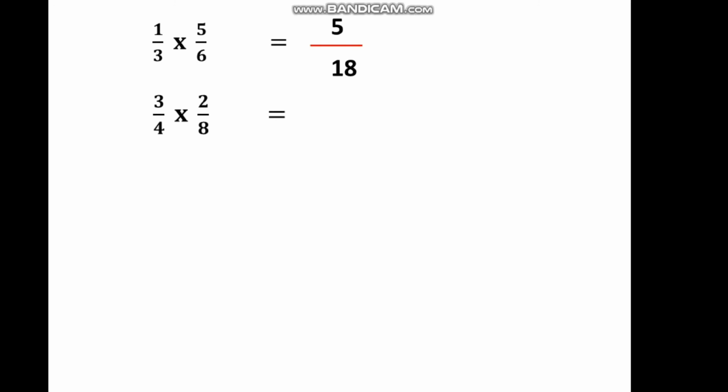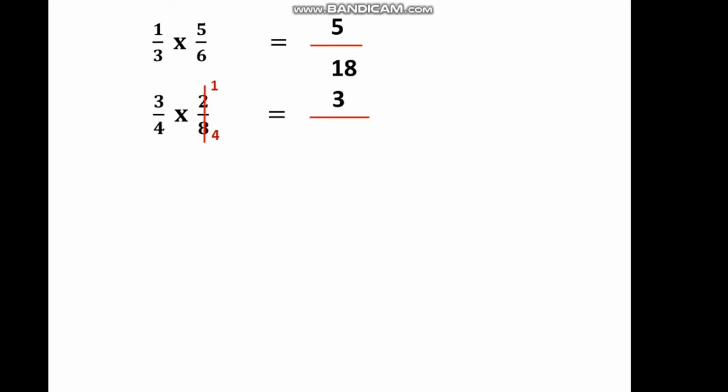Then, next problem. Meron po ba tayong pwede ma-cancel? Meron. We have vertical and diagonal. Unahin natin yung vertical. 2 and 8, pwede. Ang divisor natin is 2. 2 divided by 2, that is equals to 1. 8 divided by 2, that is equals to 4. Sa palagay ko wala na, so we are now going to multiply 3 times 1, that is equals to 3.